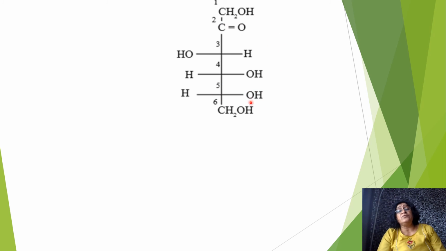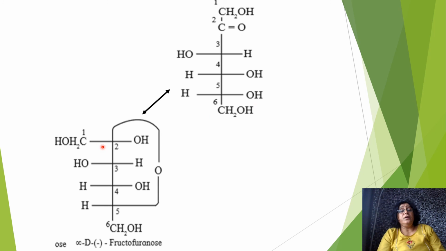And a hemiketal is formed, and the H of the 5th carbon gets attached to the oxygen of the 2nd carbon, the ketonic carbon. So a hemiketal structure is formed. This CH2OH gets pushed to one side, and the second carbon forms the hemiketal structure.